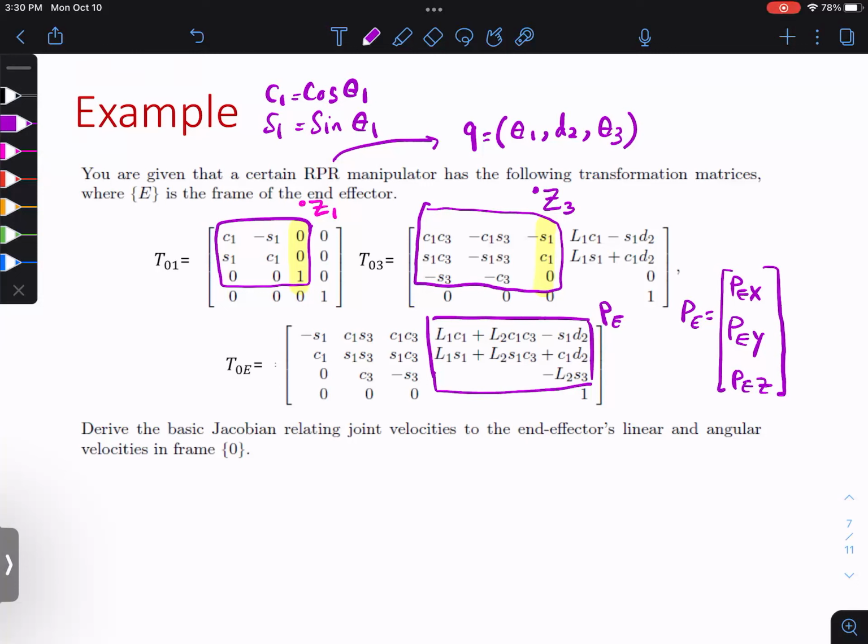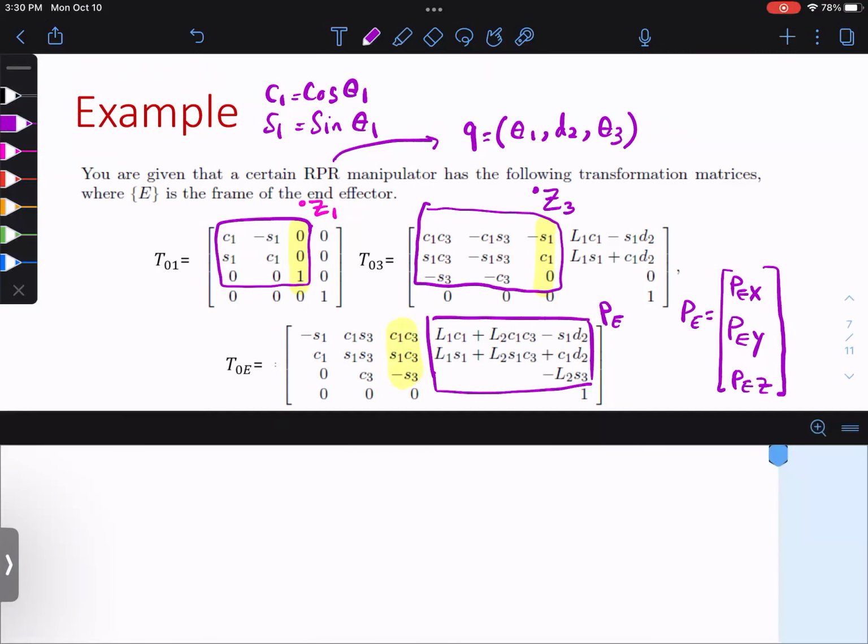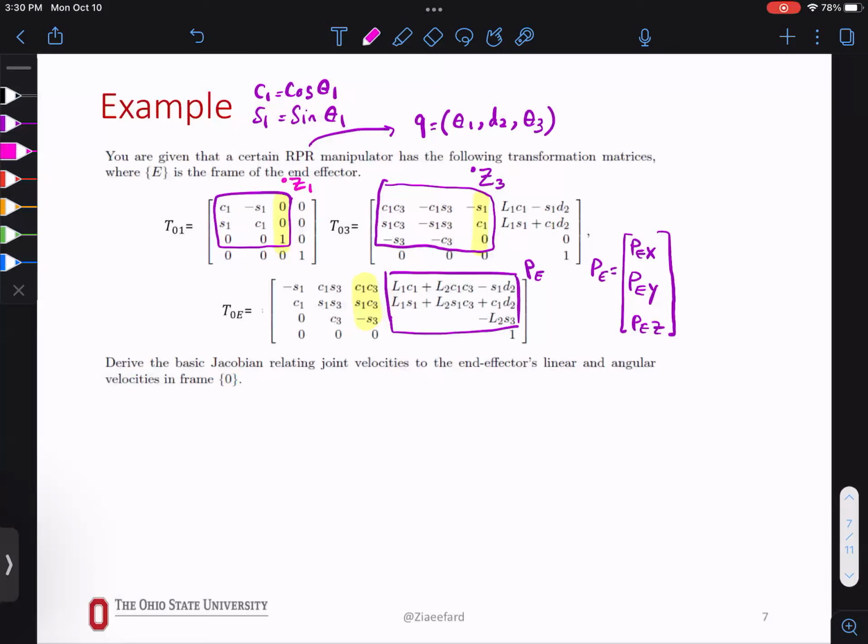I identified the position of my end effector. I found the axis of rotation. And I also know this one is ZE as seen in frame 0. So I have all of this information. I'm going to use the explicit method because I have the information. So I need to find JV, J omega.